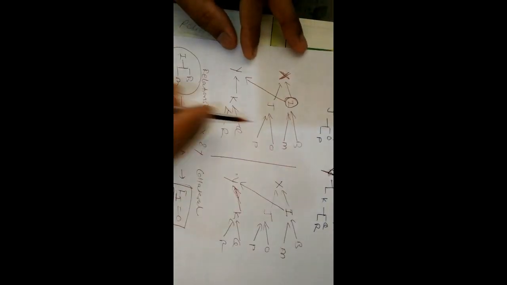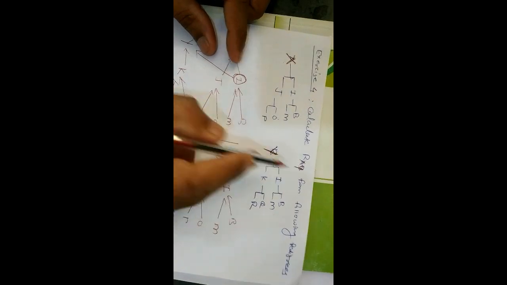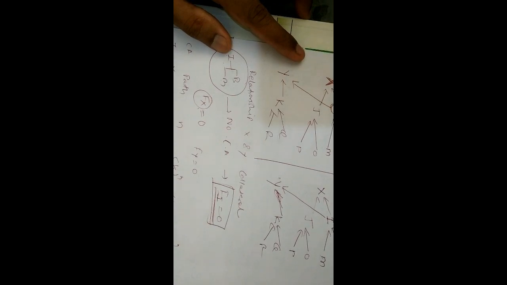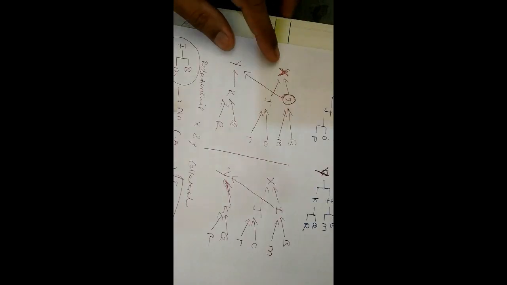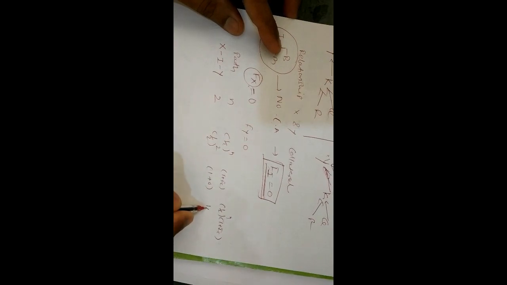Now the formula (1/2)^n into (1 + Fc). We have only one common ancestor, I. We want to find the relationship between X and Y, so the path starts from X, then I, then Y: X, I, Y. So n is equal to 2, (1/2)^2 into (1 + 0), which is 1/4 into 1, so it is 1/4.